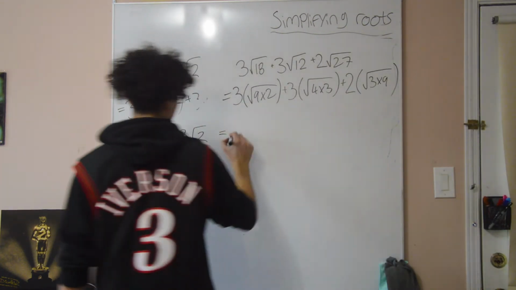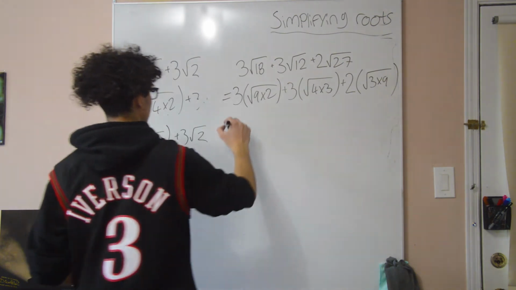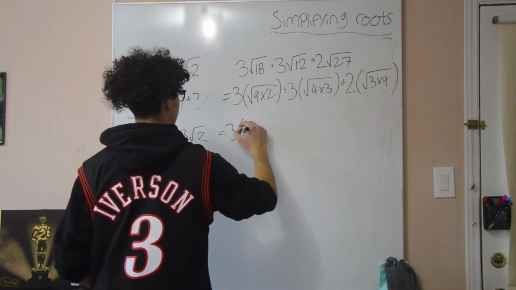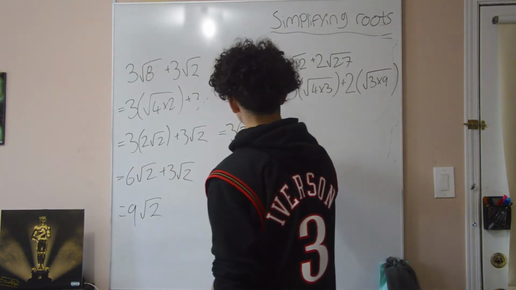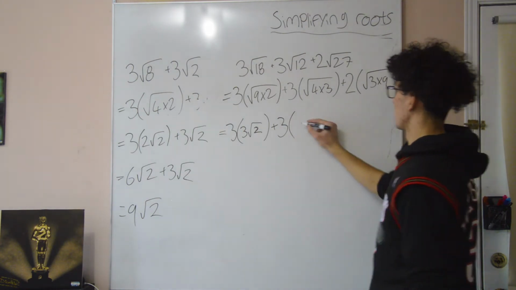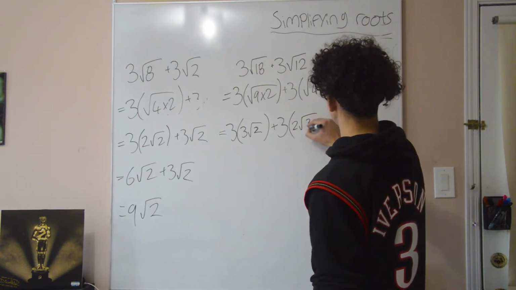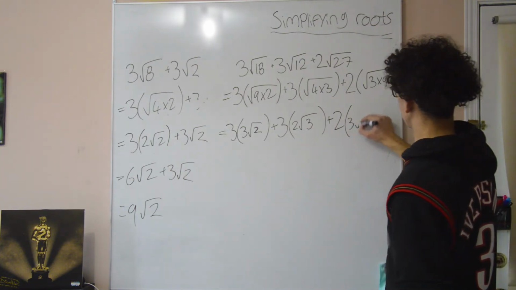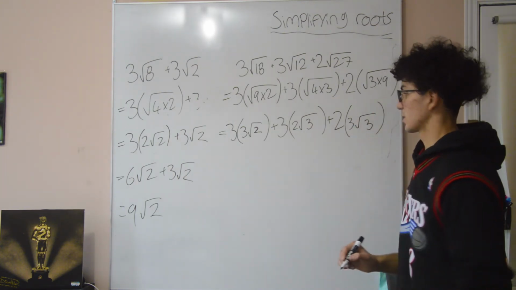So now from here, we want to do what we've been doing. Here, take the square root of 9, we get 3 times 3 root 2. Here we take the square root of 4, we get 2 root 3. And here we take the square root of 9, we get 3 root 3, just like that.